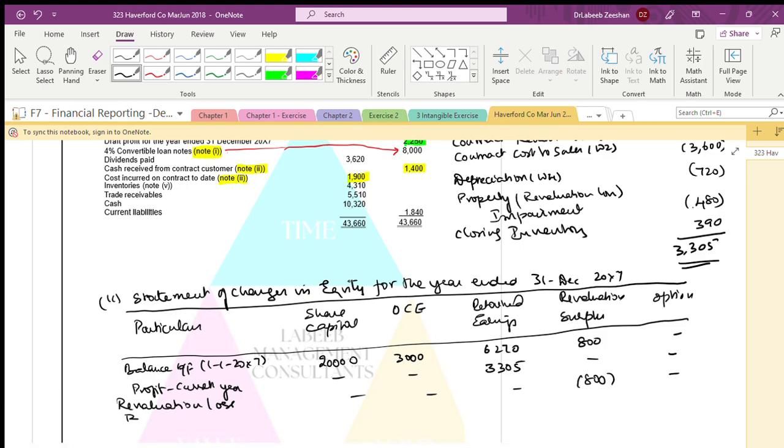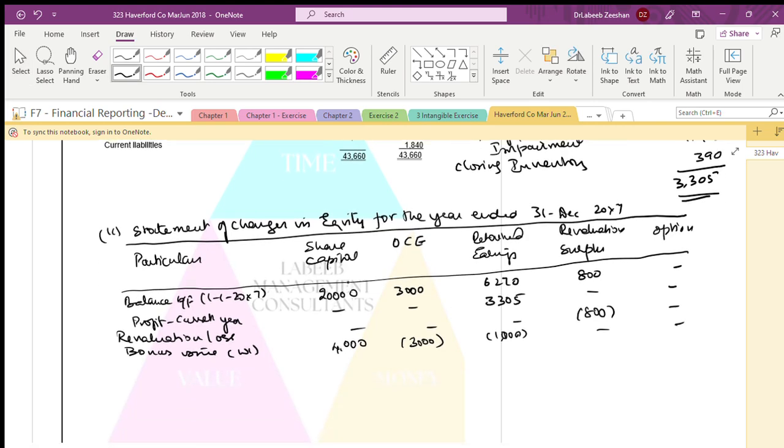We have issued a bonus issue, working 1, to the extent of 4,000 shares. For this 4,000, we have taken 3,000 from the other components of equity and 1,000 from the retained earnings.